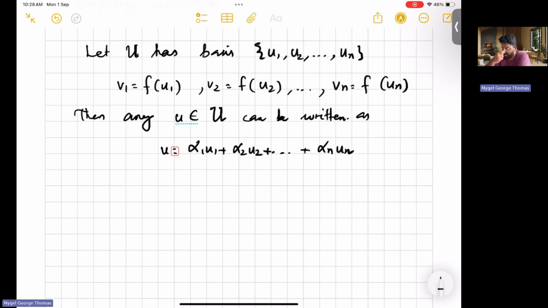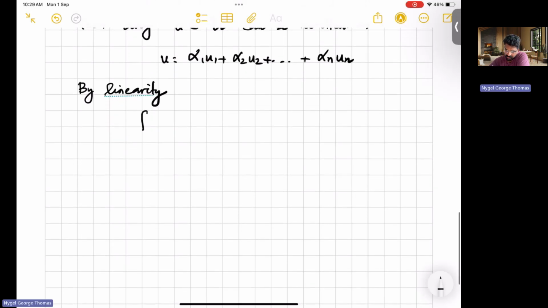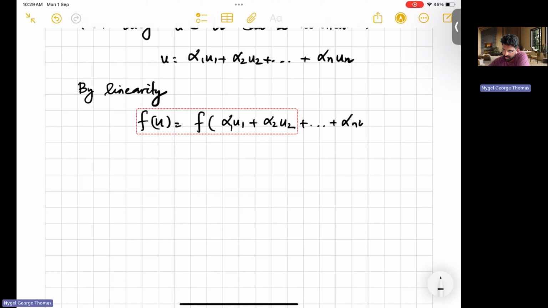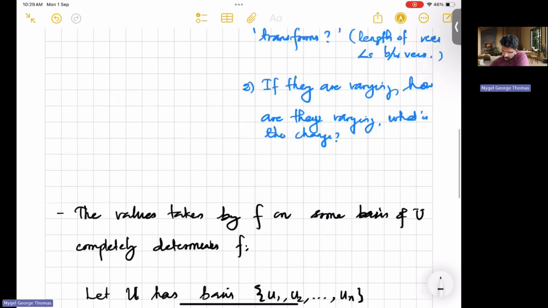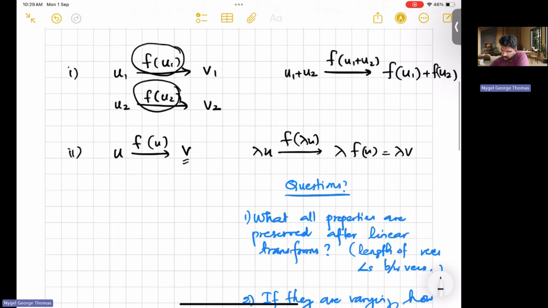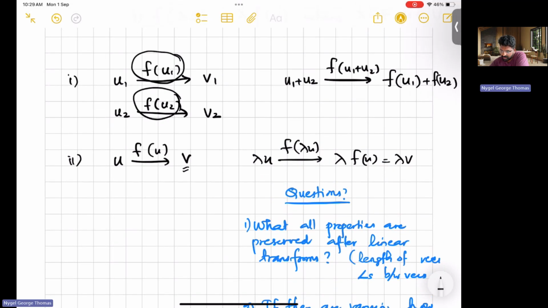But we have already defined a transformation from U to V that is a linear transformation. By linearity, f of u is f of alpha 1 u1 plus alpha 2 u2 plus etc., plus alpha n un. By using this property, if you give a scaled input to a function, you basically have to scale the output.